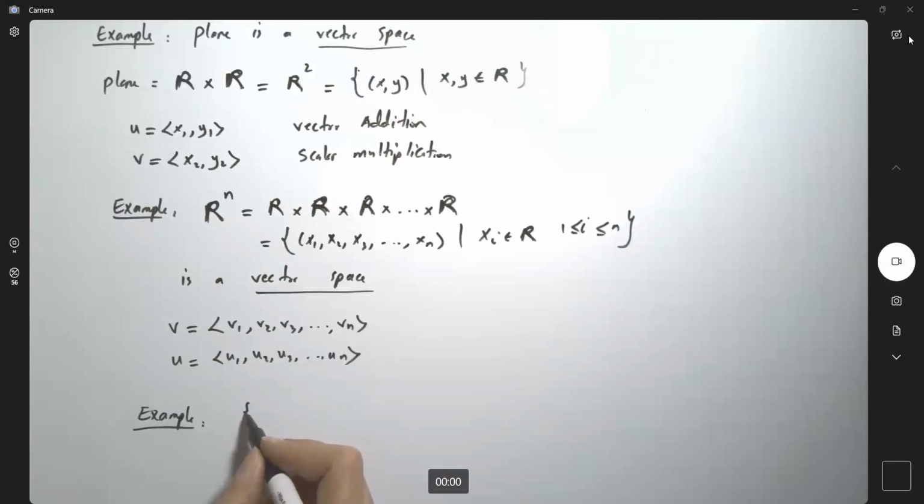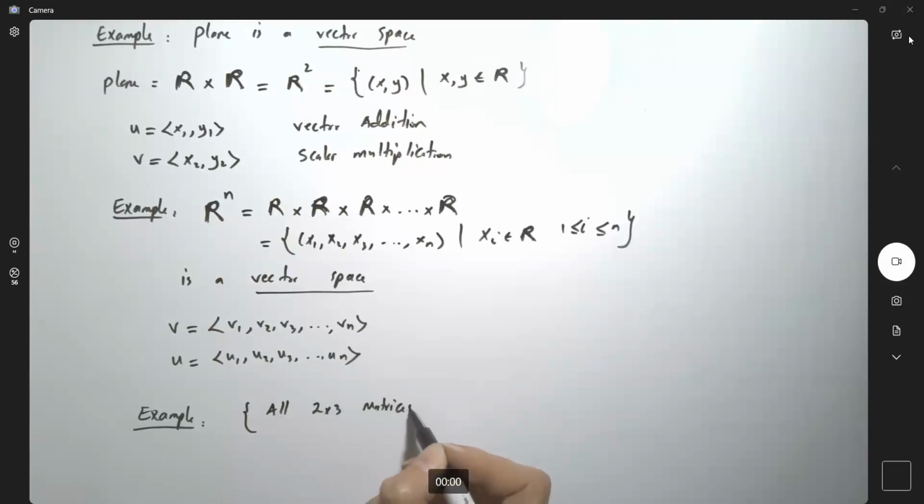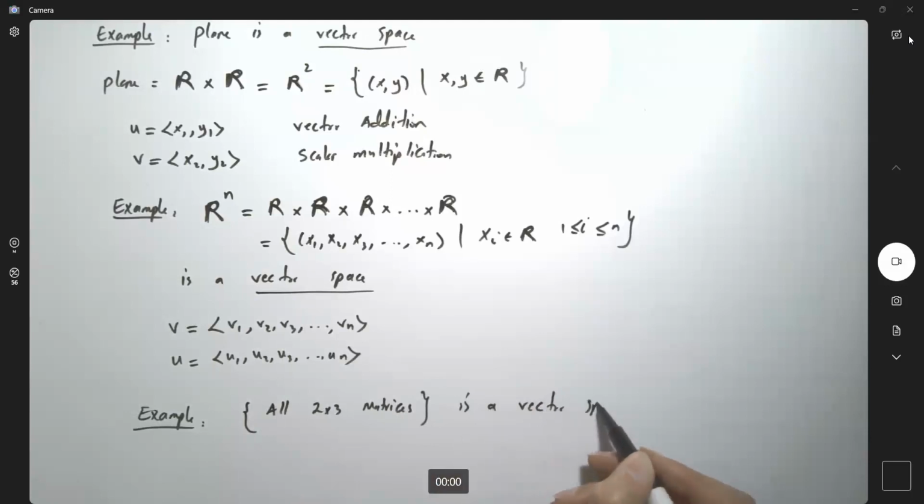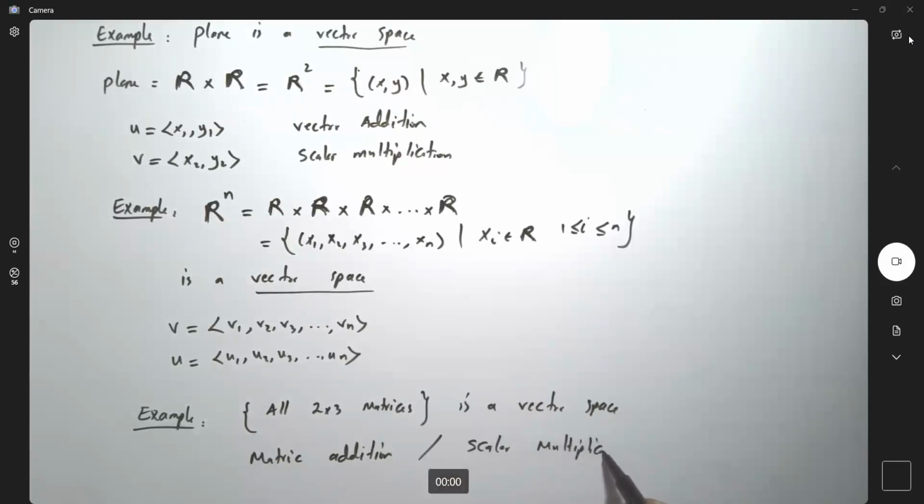So the set of all 2 by 3 matrices is a vector space with matrix addition and scalar multiplication that you saw before. You can check all of these using the axioms that we introduced in the beginning of the course.